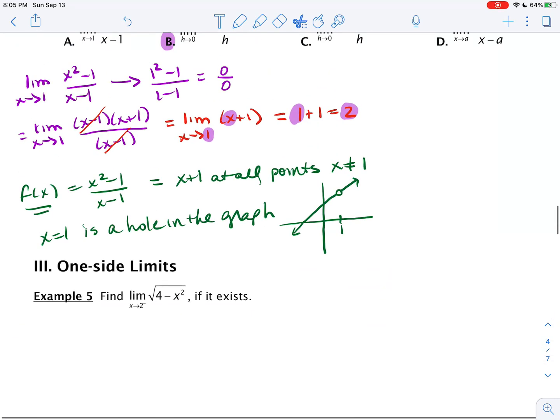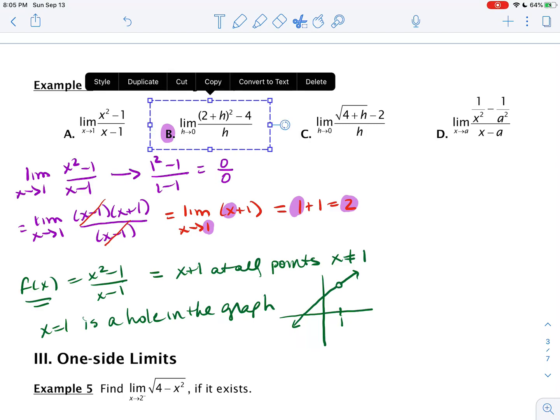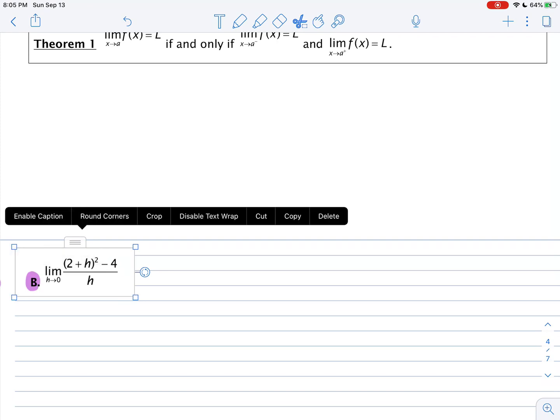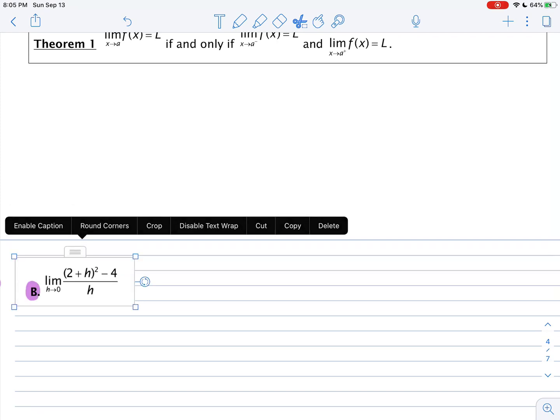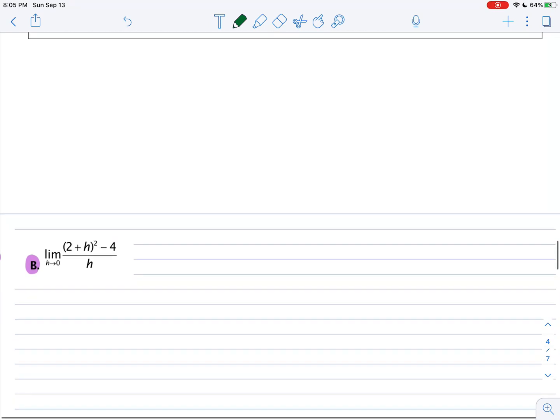I thought I had copied it. I'm going to do it again. Copy, and then paste. Alright. So, if I were to follow the approach of whatever h is, as the limit as h goes to 0, wherever h is, I'm going to substitute the value of 0.